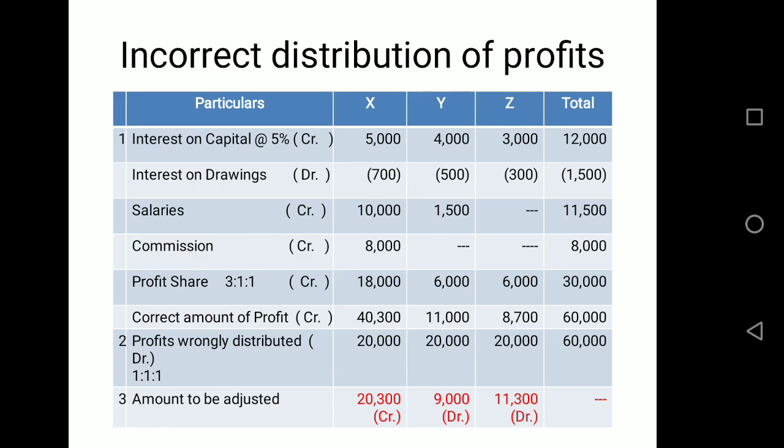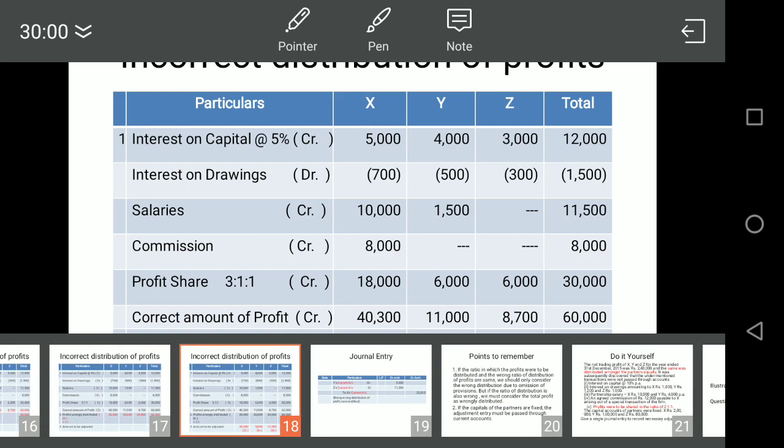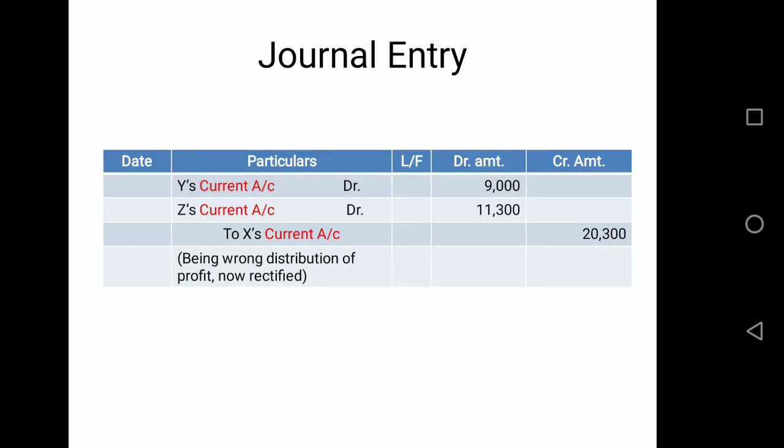So the difference comes to 20,300 to be credited to X, 9,000 to be debited to Y, and 11,300 to be debited to Z. So your journal entry will be Y and Z's current accounts are to be debited and X's current account is to be credited, as the capitals were fixed. So your journal entry will be Y's current account debit with 9,000, Z's current account debit with 11,300, and to X's current account with 20,300.